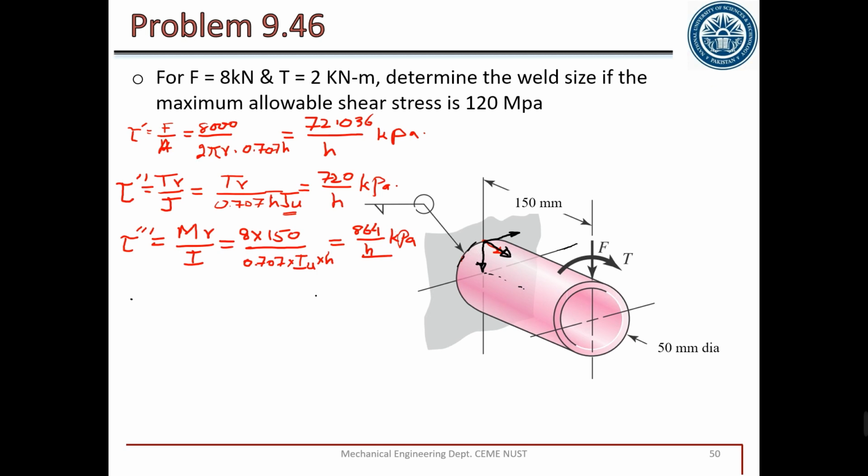To get the magnitude using vectors, tau max is equal to the square root of the sum of: tau prime in x direction, tau double prime and tau triple prime, all three in x direction, squared; then the square of tau prime in y direction, tau double prime in y direction, tau triple prime in y direction; plus the square of tau double prime in z direction plus tau triple prime in z direction.